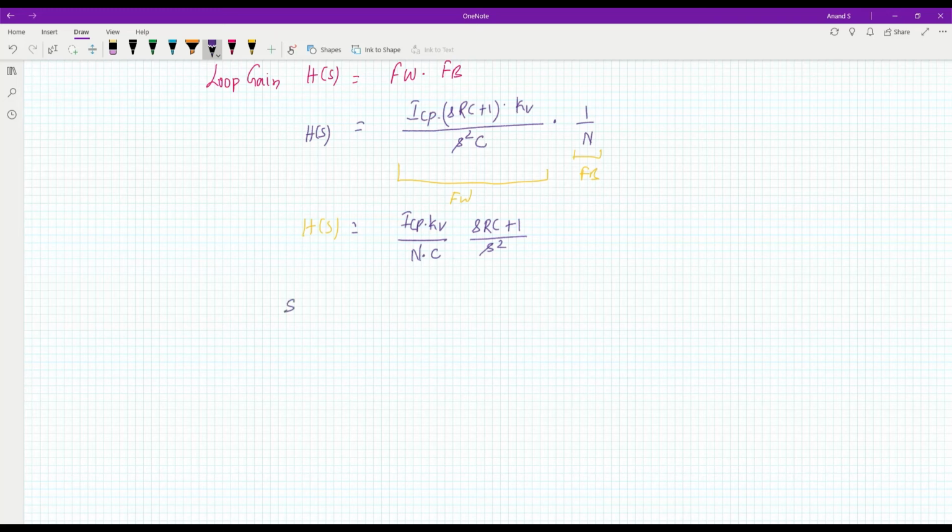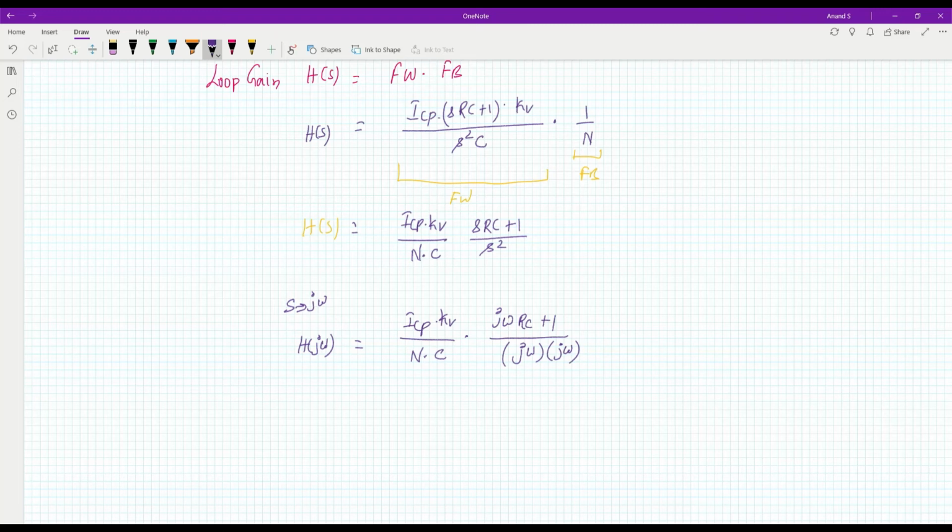So let us replace this S by j omega. We will get H of j omega equal to ICP into KV over N into C multiplied by j omega RC plus 1 divided by j omega into j omega.